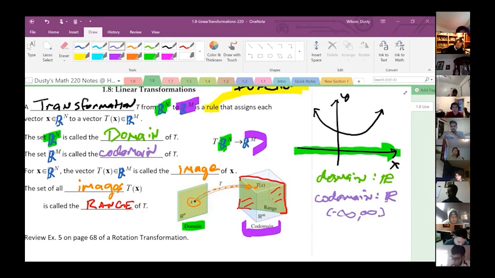How about our image? So our image says you take a specific value of x that's down here, and you get this y value, like this point on the y value is the image. So the y values on the graph are part of the image.